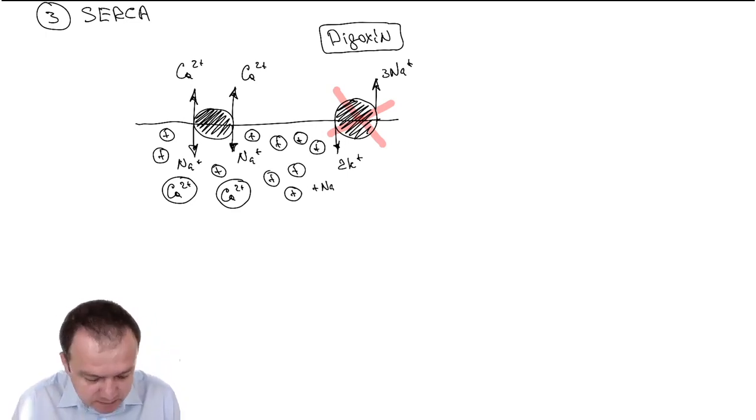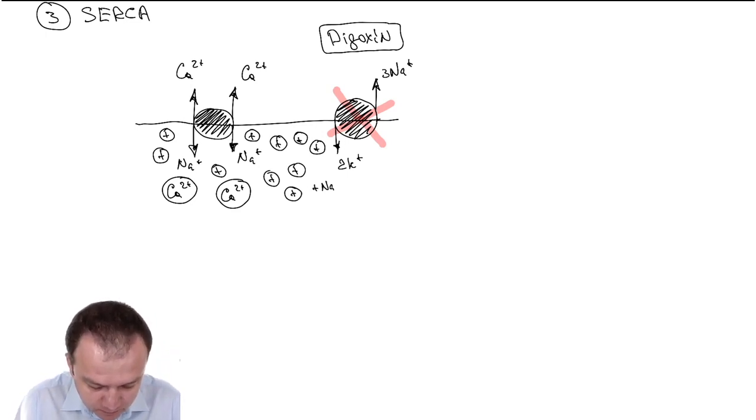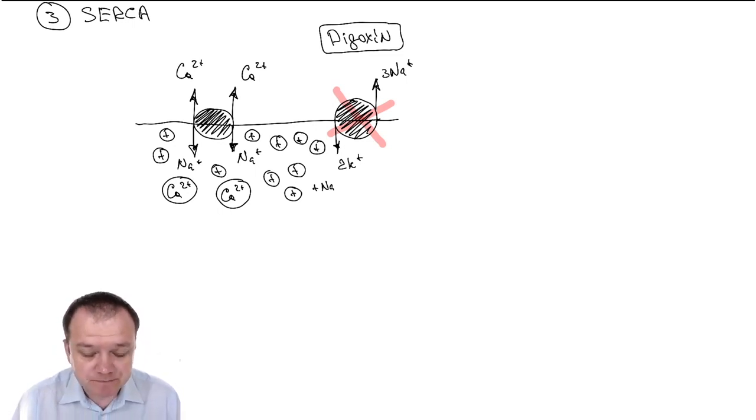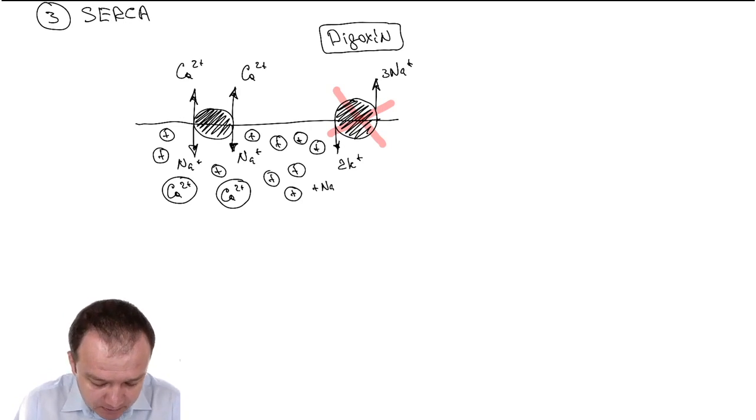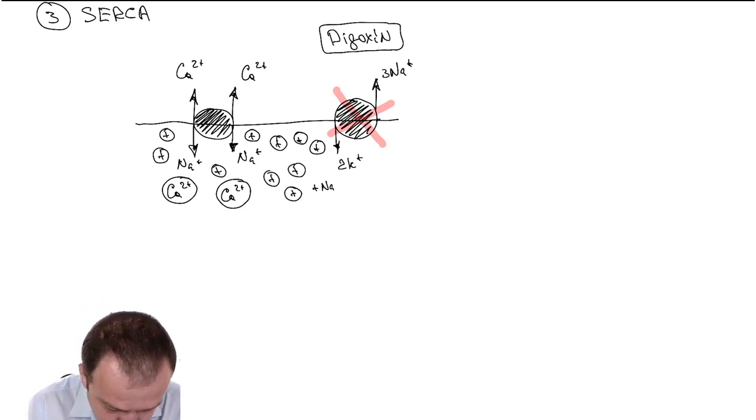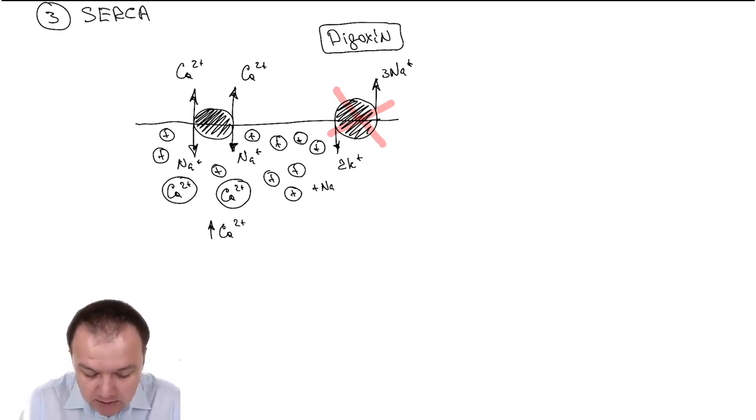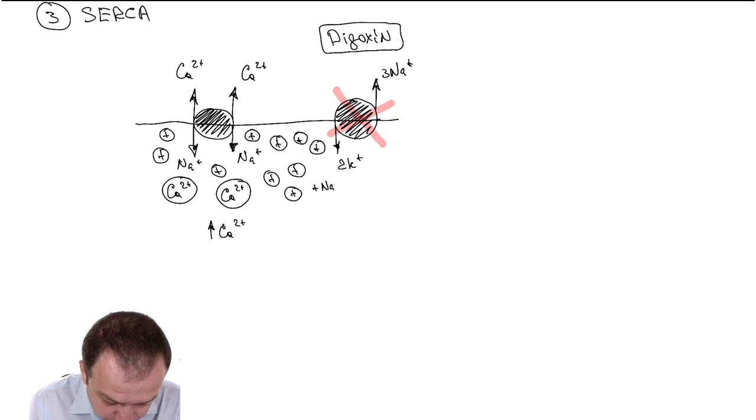There is even evidence that we have reversing action of this sodium calcium exchanger, and it starts to pump sodium outside and calcium inside. As a result, we have a rise in calcium level inside the cell, and this is important as an increased amount of calcium causes an increase in contractility.